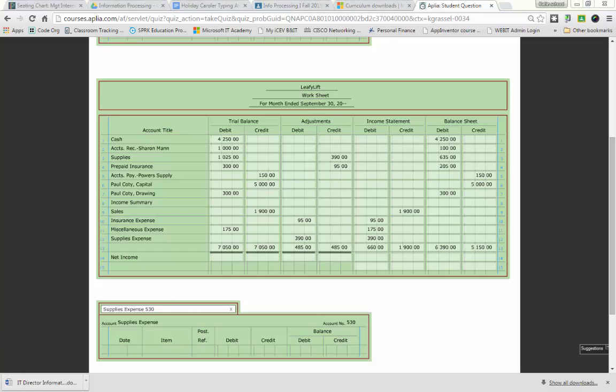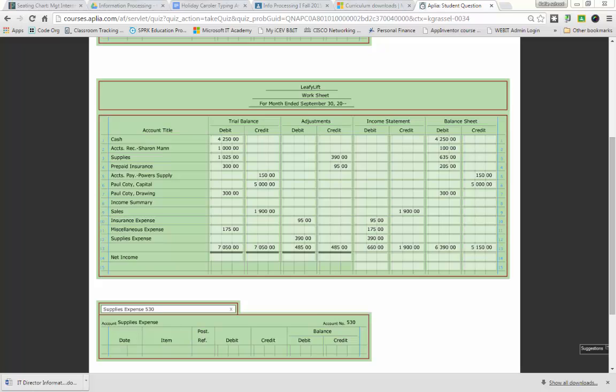So I went through and I added up my numbers. Do I have a net income or a net loss? How do we know? Yes, so when I look at my income statement credit column, I say this over and over again because it's important for you to realize, my income statement credit column truly is the revenue for my business. So for 1 month, they had revenue of $1,900.